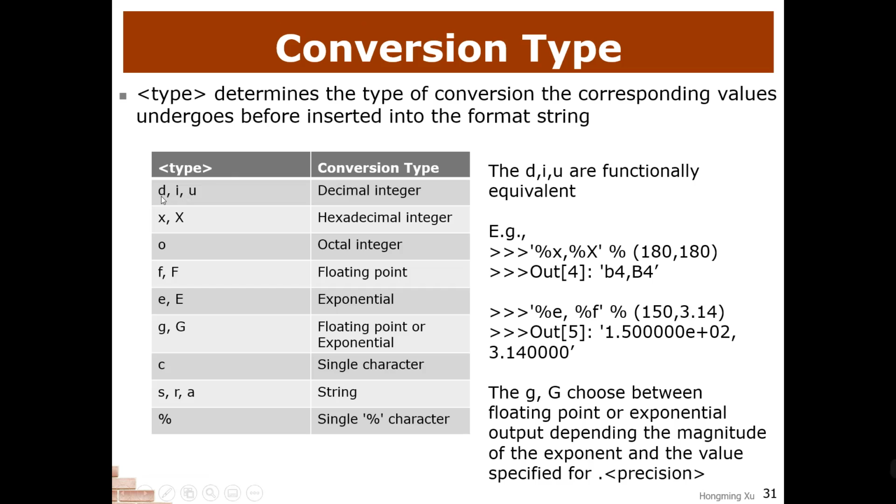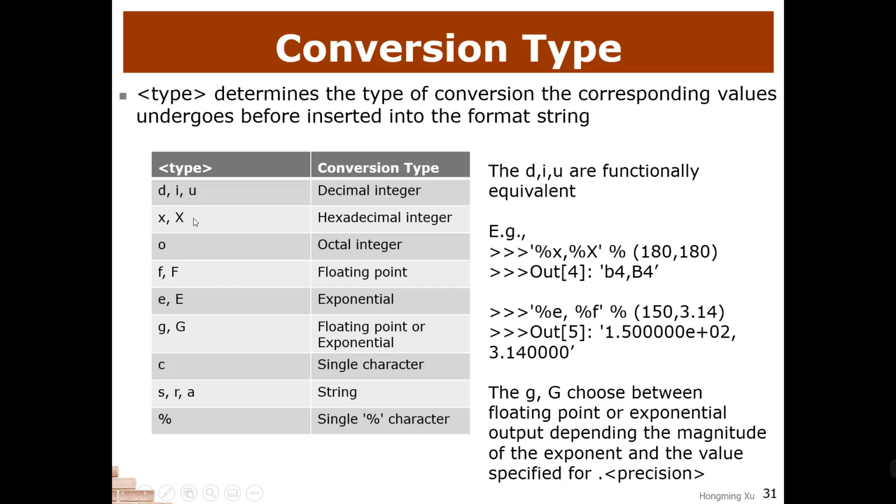Here, for example, d, i, u are used with the decimal integer. Basically, in my experience, these three conversion types d, i, u are functionally equivalent. And x is the hexadecimal integer, o is the octal integer.